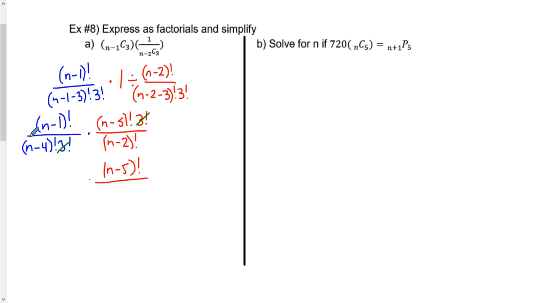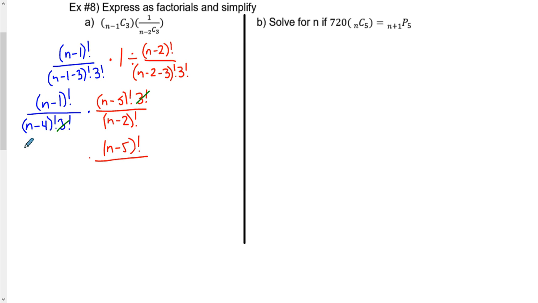Whereas if we look at this n minus 1 factorial, 1 less than n minus 1 is n minus 2. And because that would be in a numerator, and this n subtract 2 would be in the denominator here, we're going to be able to cancel something off. So we're going to have that n subtract 1 factorial. Oh, sorry, not factorial.